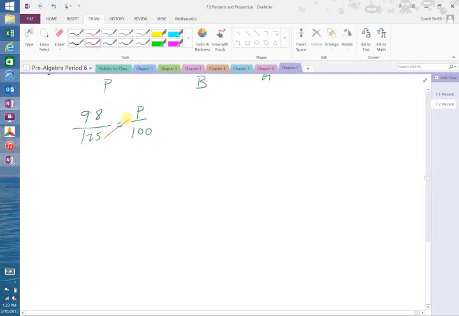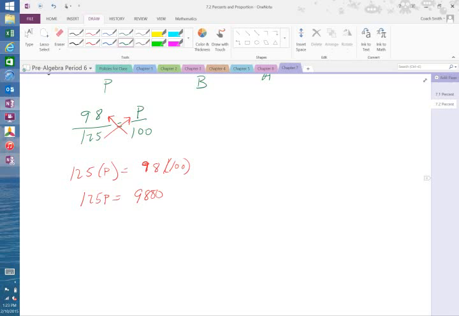Now we multiply. That would be 125 times P equals 98 times 100. That would be 125P equals 9,800. So now we divide by 125 on both sides. That gives me P is equal to 125 into 9,800.